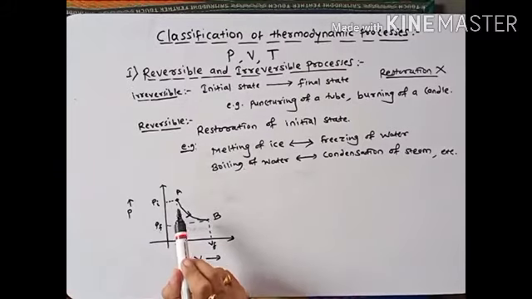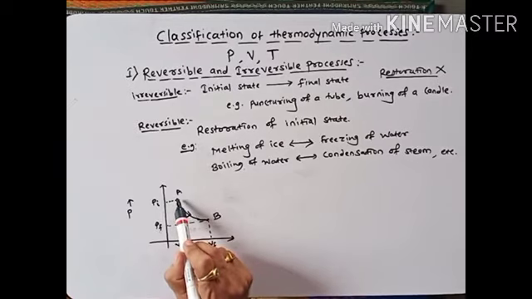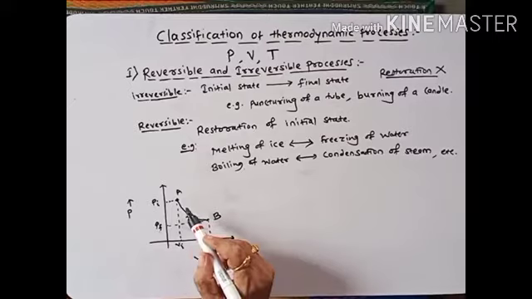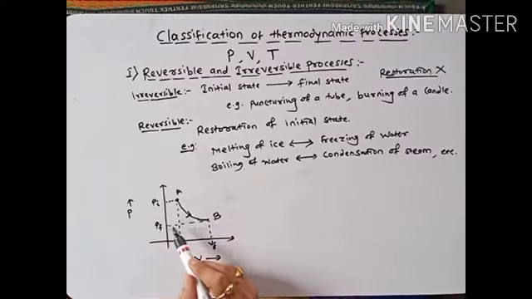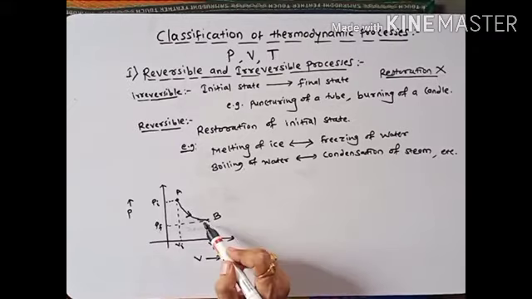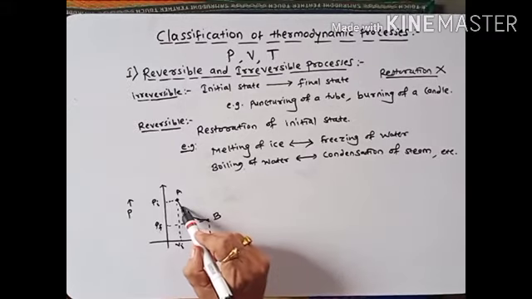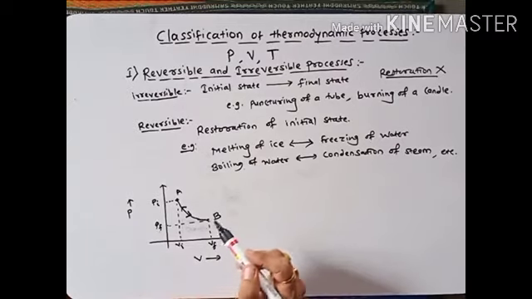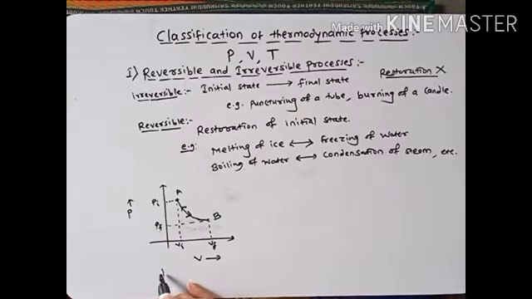Then when the system at initial state A having pressure Pi, volume Vi, goes to state B having pressure Pf and volume Vf from A to B, and whenever it comes from B to A, it traces the same graph for a reversible process. And this is for reversible.